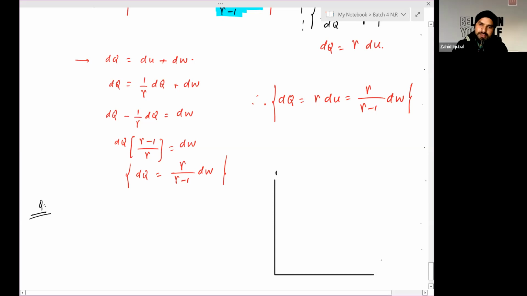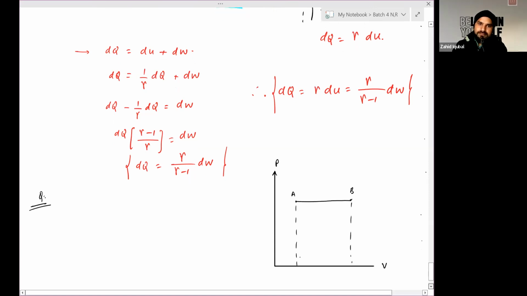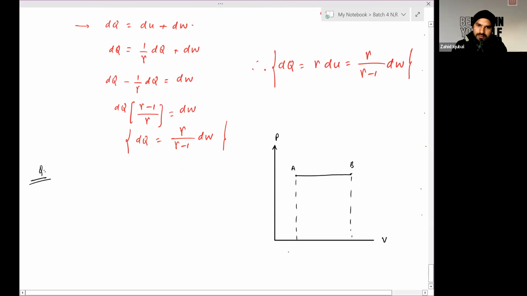Let's say this is a pressure versus volume graph. Point A, point B. 20 centimeter cube, 50 centimeter cube, 2 atm pressure.